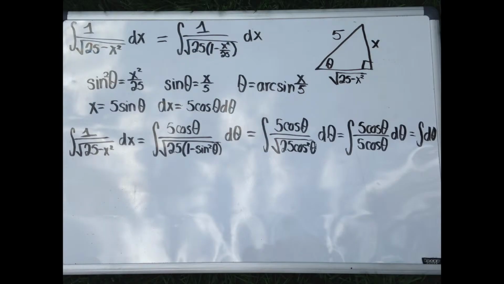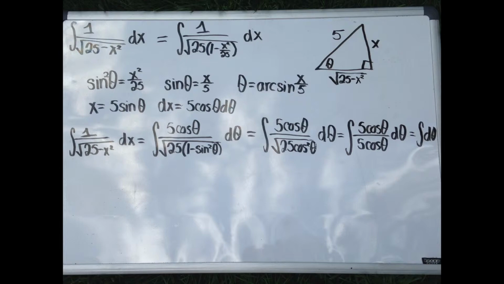Now comes the actual substitution component of trigonometric substitution. You substitute in sine squared theta for x squared over 25, and you substitute in 5 cosine of theta d theta for dx. So you end up with the integral of 5 cosine of theta over the square root of 25 times 1 minus sine squared of theta d theta.